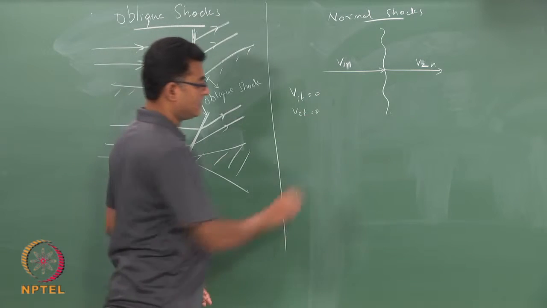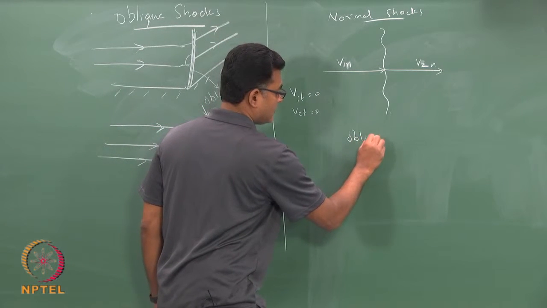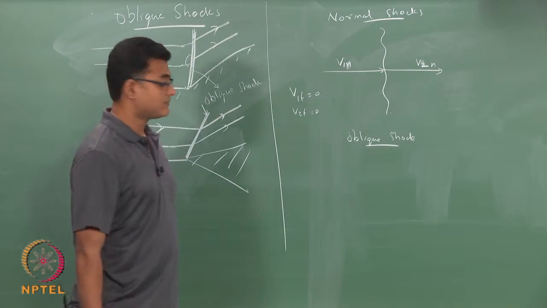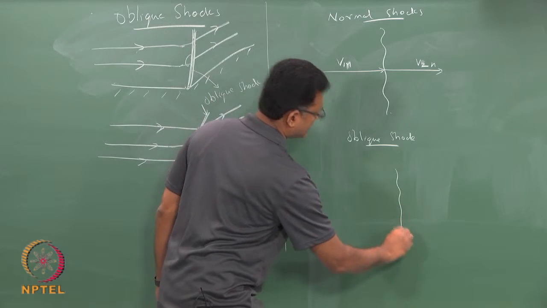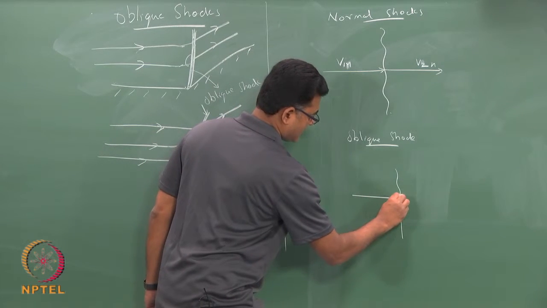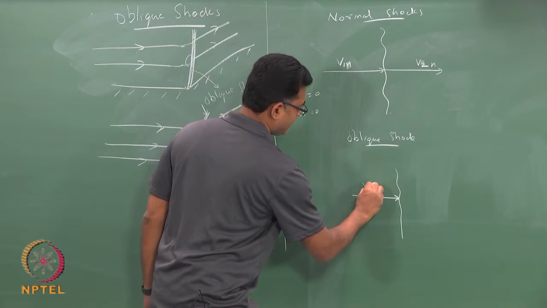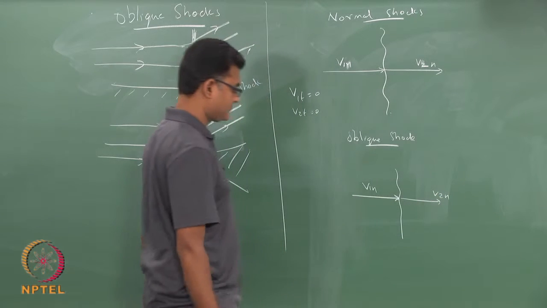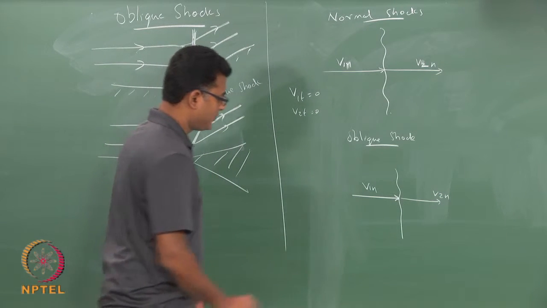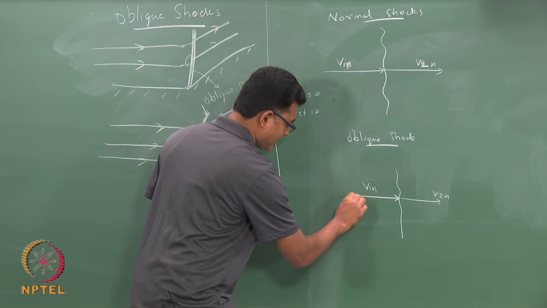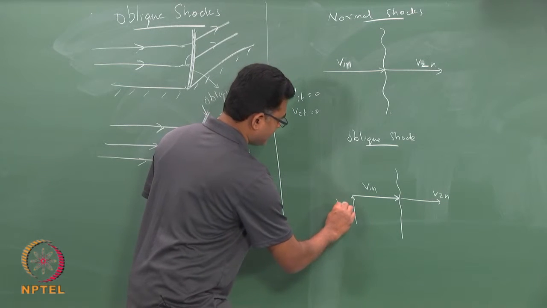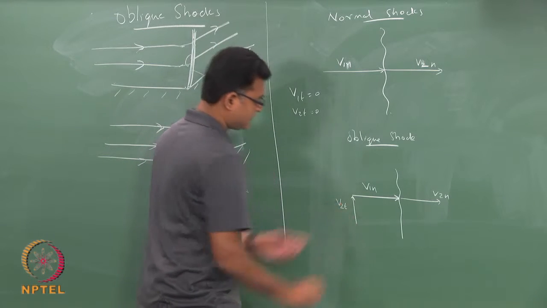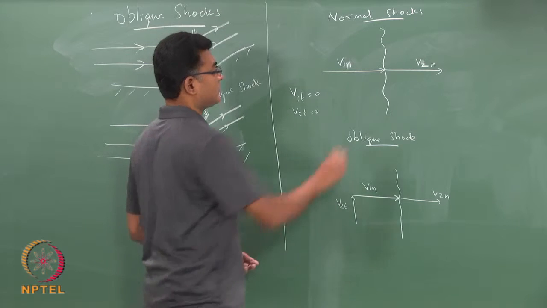Now, to this I am going to add a tangential component. So I have a shock wave, I have a V1n, I have a V2n. I am going to add a tangential component, tangential to the shock wave. So this is normal to the shock and tangential to the shock.